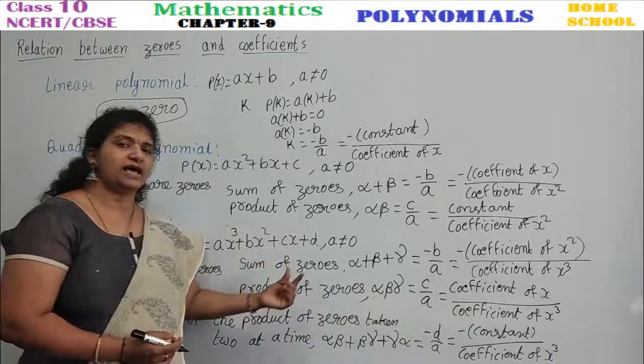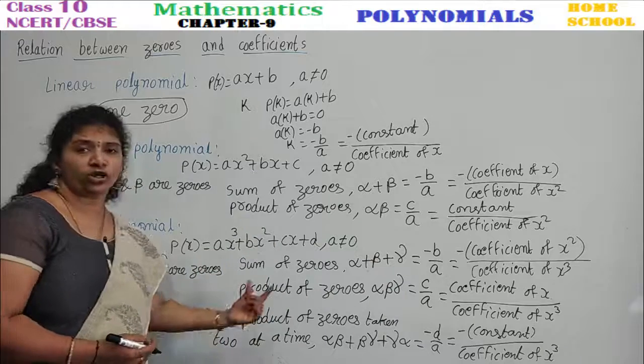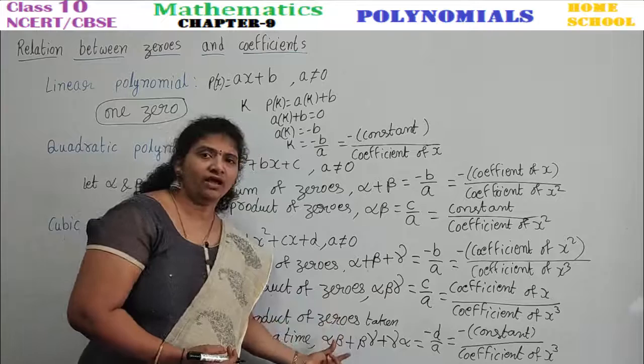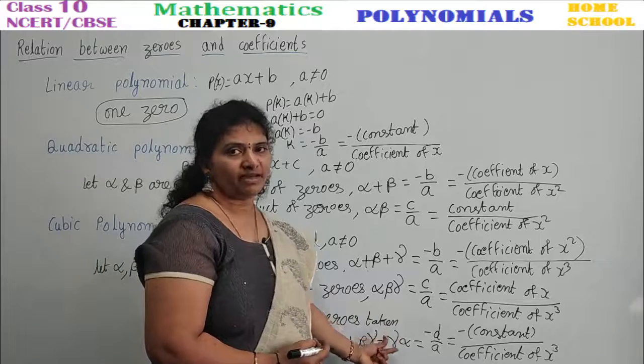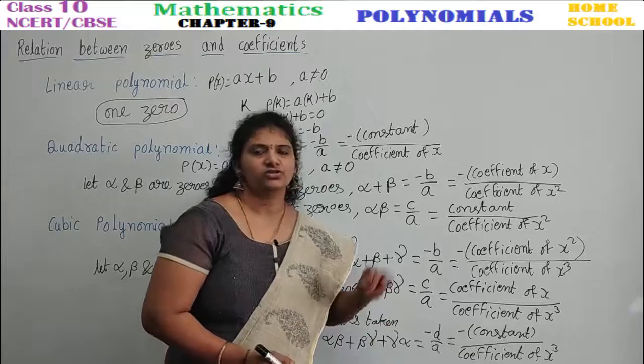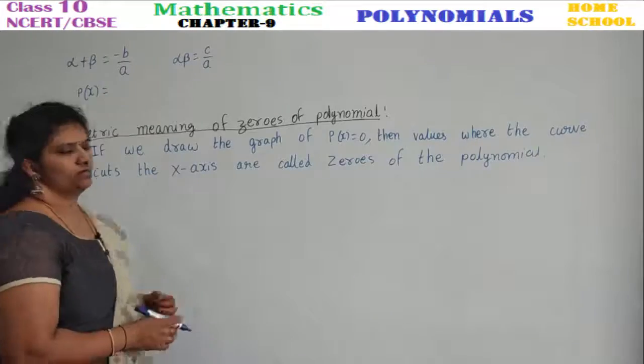Product of zeros alpha beta gamma equal to minus d by a. And sum of the product of zeros taken two at a time, that is alpha beta plus beta gamma plus gamma alpha is equal to c by a. So remember these all, in our future exercise we are going to solve.